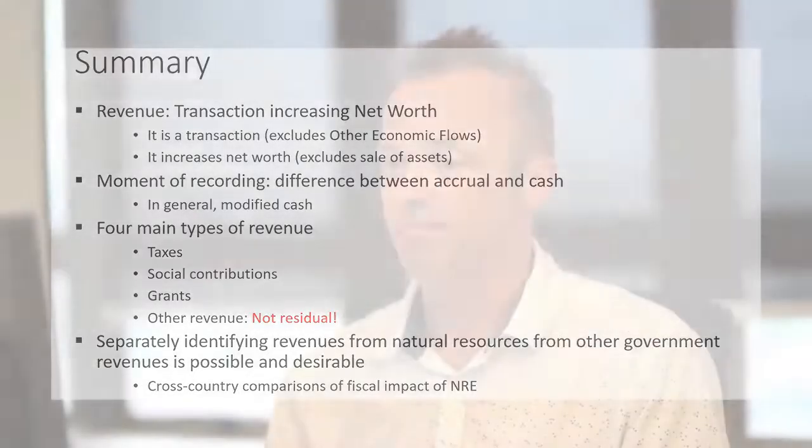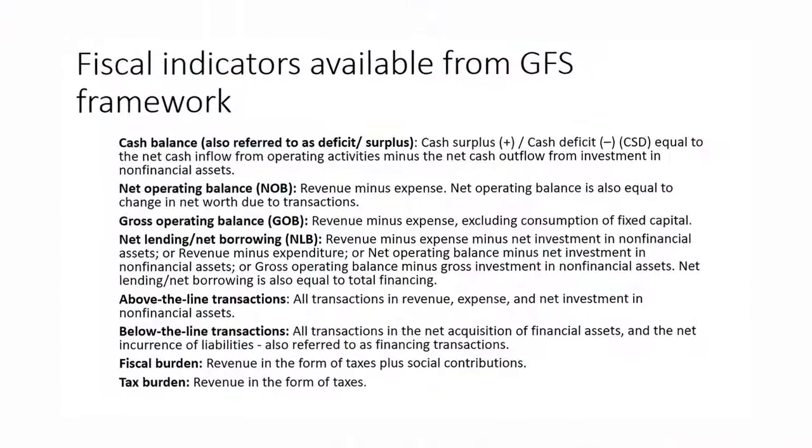Let's now come to the last definitions. I added here for you some government finance statistics definitions so that you can find your way better in the government finance statistics database you get maybe, and then you have to compile it from there. Here we have some definitions. What's the cash balance, what is a net operating balance and so on.